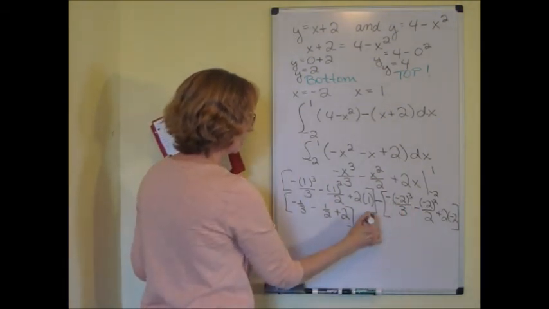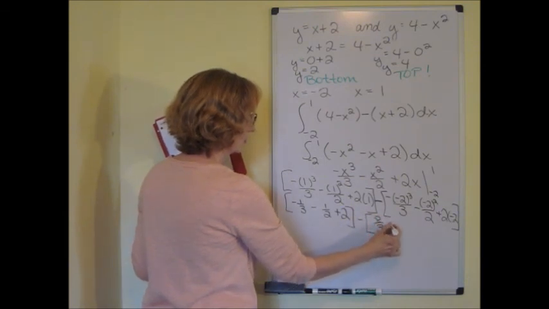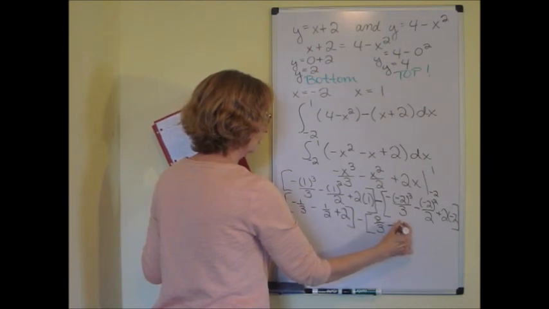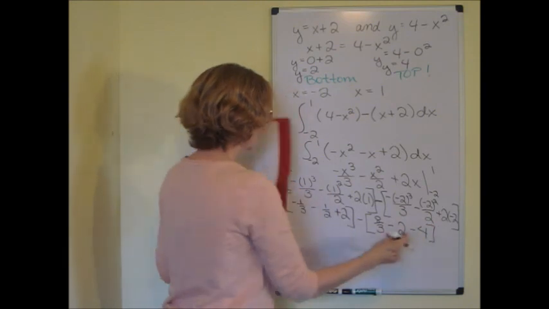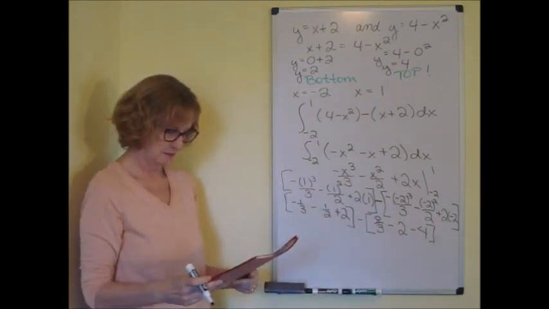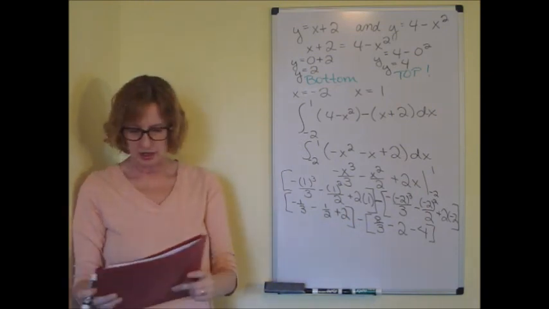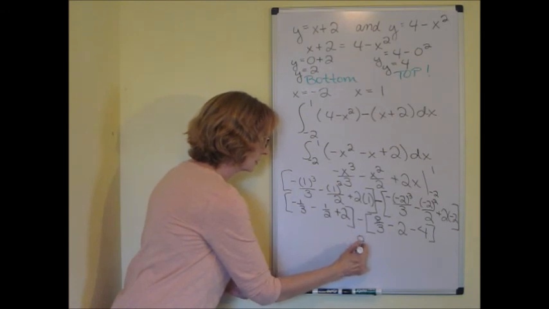That's going to end up being a positive, right? 8/3 minus, that's 4 over 2, which is just a 2, and then minus a 4. Put everything together, and I have 9/2 for this one. 9/2.